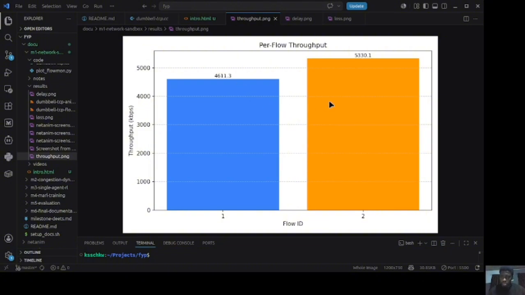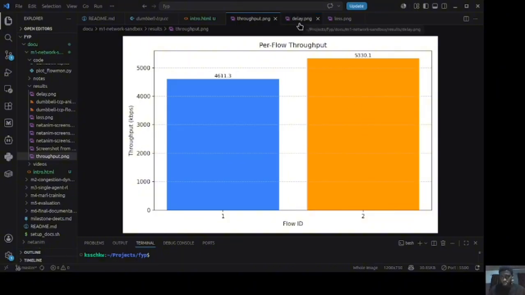Cubic got more bandwidth because Cubic uses a cubic function to grow its congestion window faster than Reno, whose increase is linear. After a packet loss, Cubic recovers more aggressively and grabs more of the freed capacity. It's greedy when sharing the network with algorithms that are less aggressive than it.